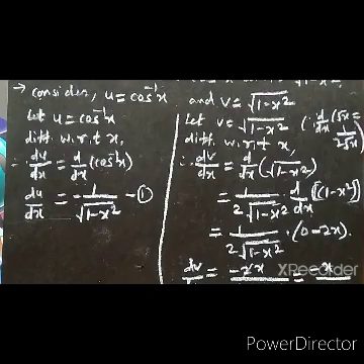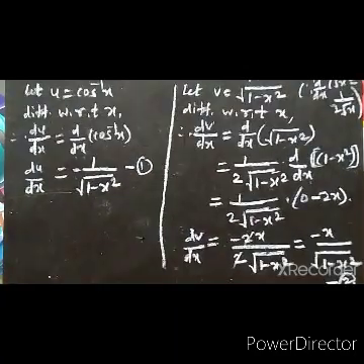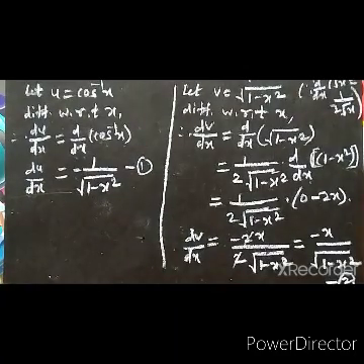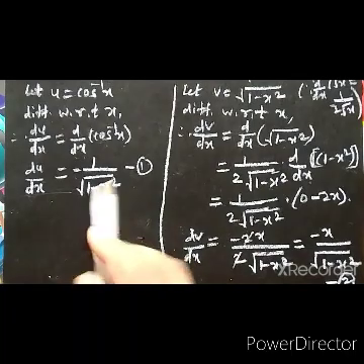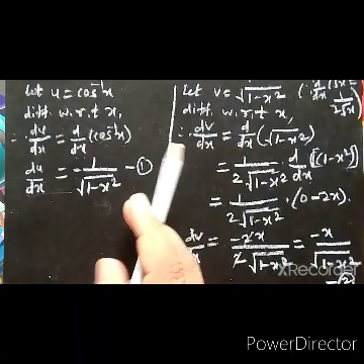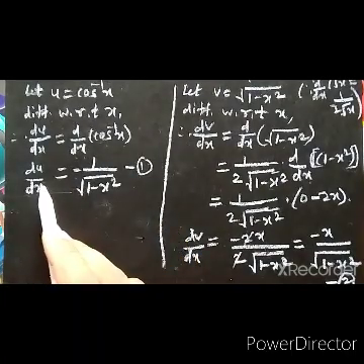Now we have to find the derivative of cos inverse x with respect to root 1 minus x square. It means the derivative of u with respect to v.